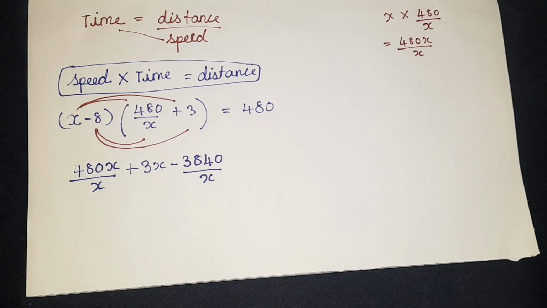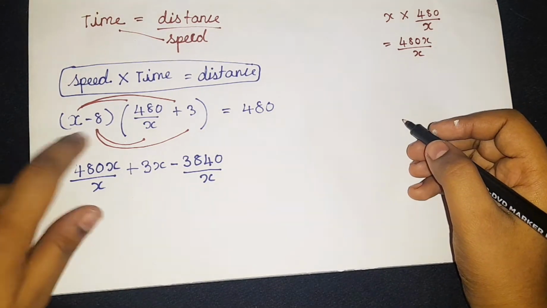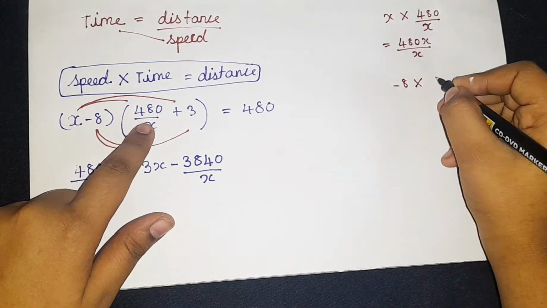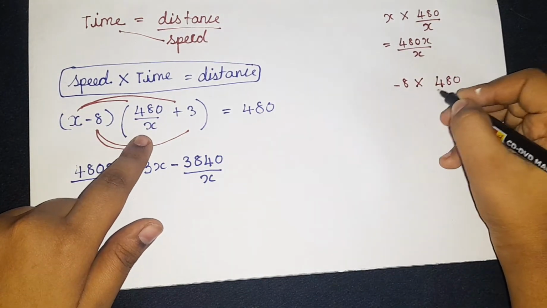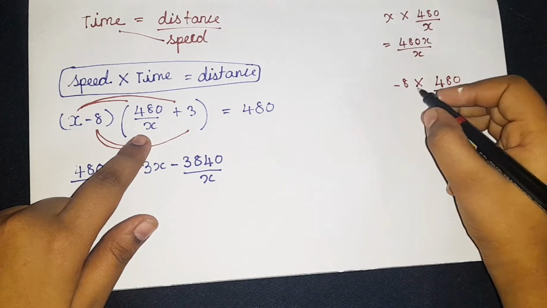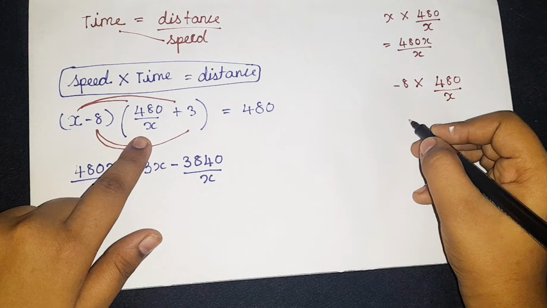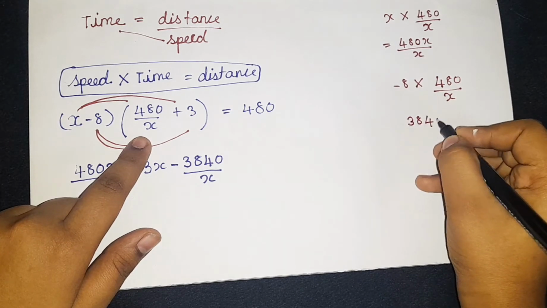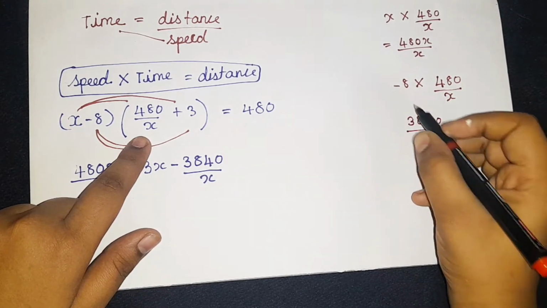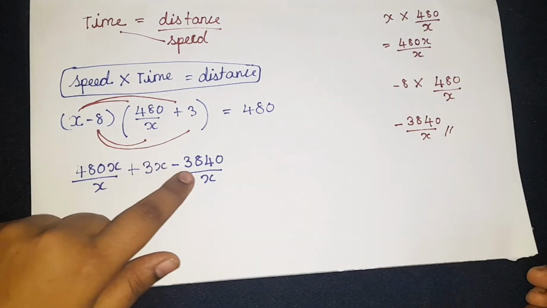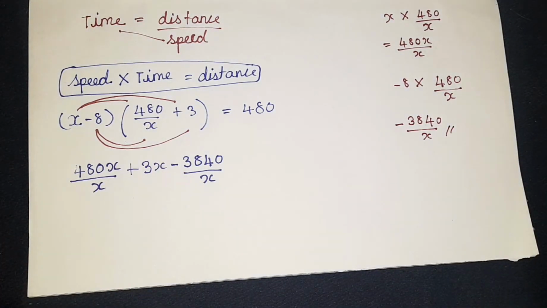It is minus 8 into 480 divided by x. First of all, let's multiply the numbers. 8 into 480 is 3840 by x, and minus into plus is minus. So we got minus 3840 divided by x.